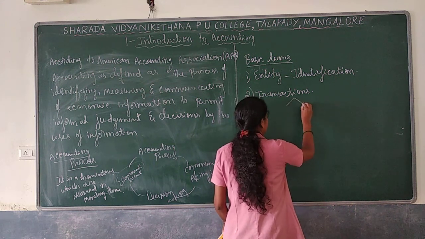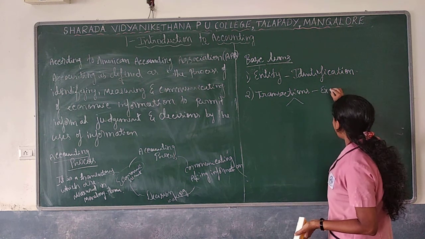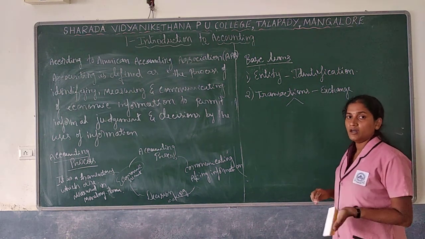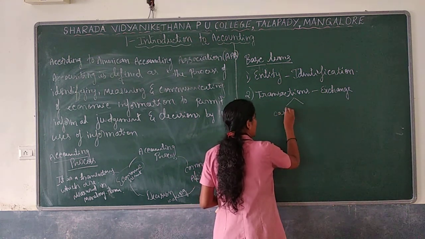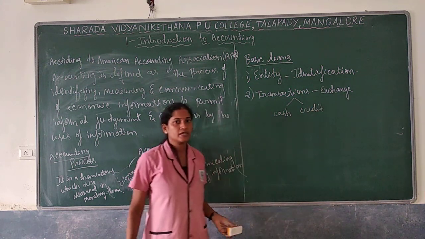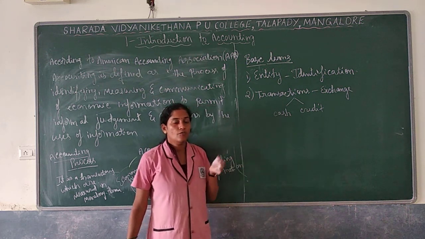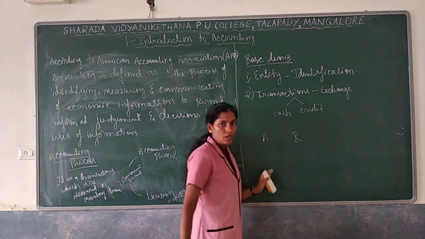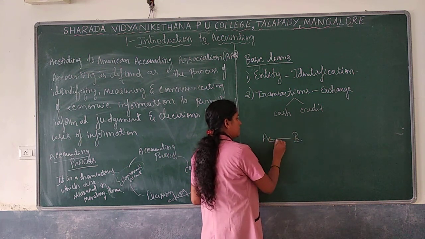Under transaction, there are two types. You can write it: a transaction is an exchange. There are two types of transaction, one is cash transaction and the other is credit transaction. What is a cash transaction? For example, A and B are there.